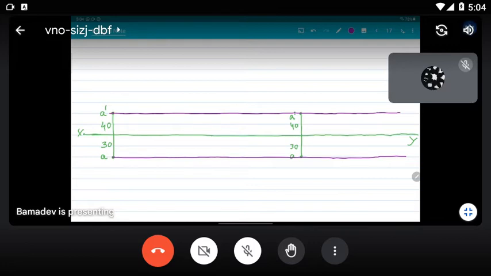The straight line is making 45 degree with horizontal plane, is it?